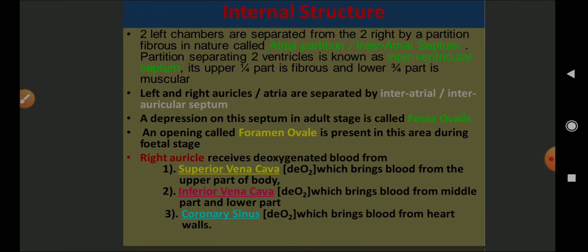Give reasons why ventricles are a bit thicker than auricles: because ventricles are the pumping chambers, while the auricles are receiving chambers. Ventricles need to pump the blood out of the heart, so their walls are muscular.